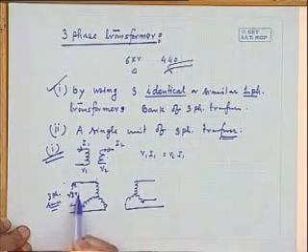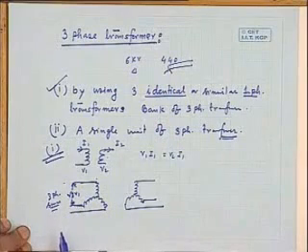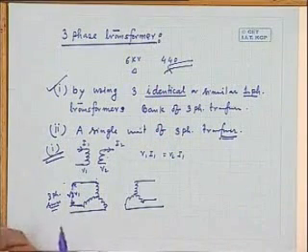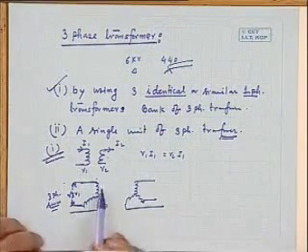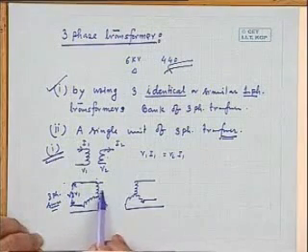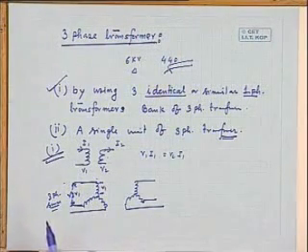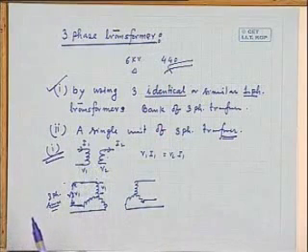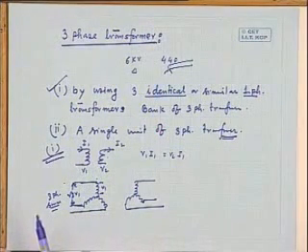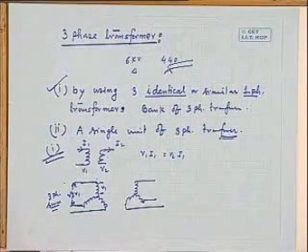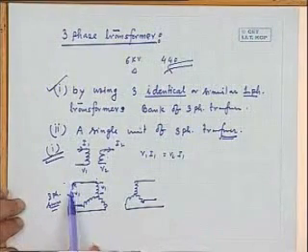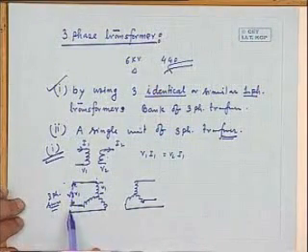Root 3 into V1. Correct. The three-phase line to line voltage you apply is root 3 into V1, because then only the winding voltage will be V1, which is the rated voltage. Getting?